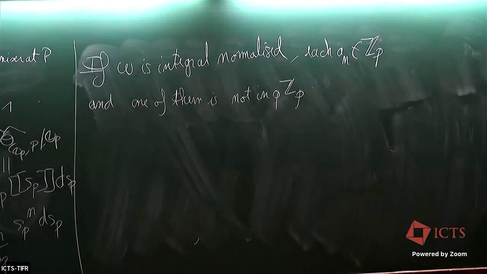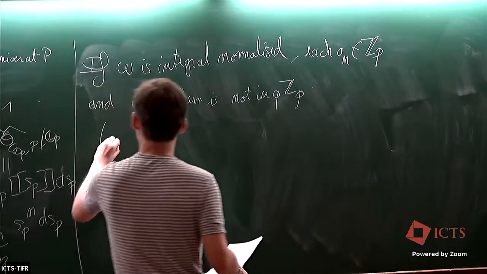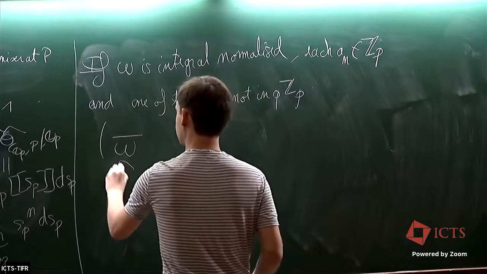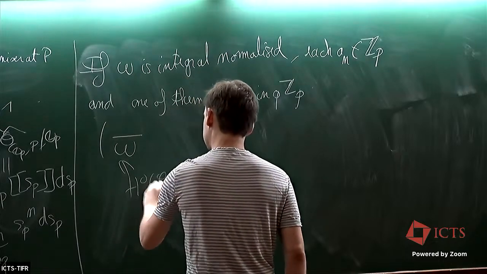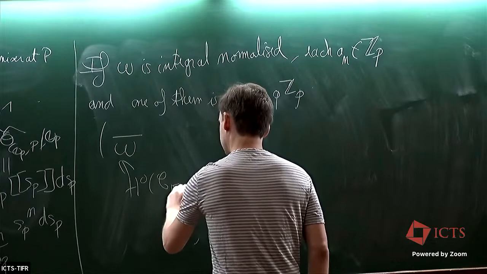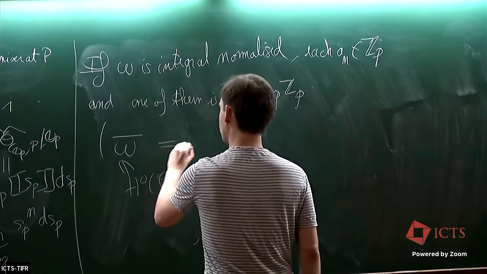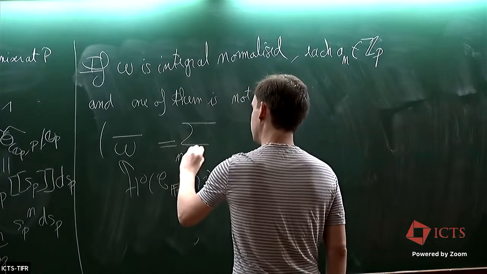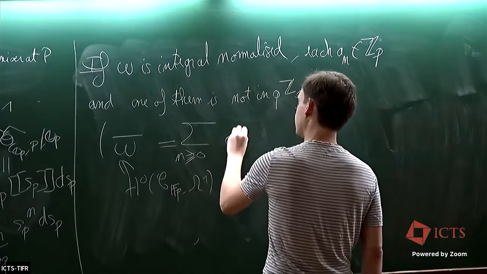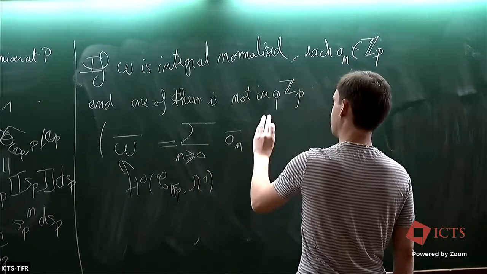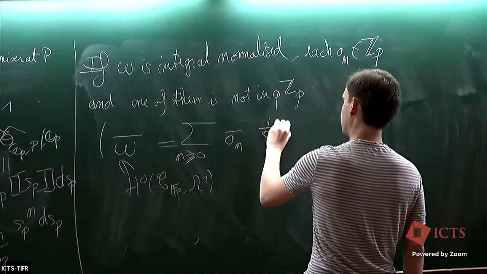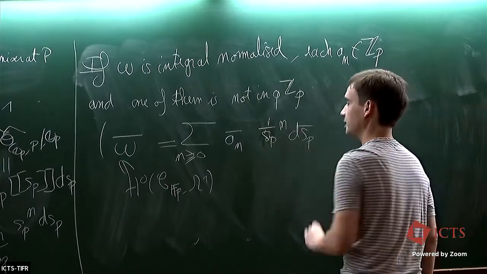Because now the omega bar makes sense inside the differentials over FP, and I can write omega bar in the same way as the sum of an bar SP bar^n dSP bar.